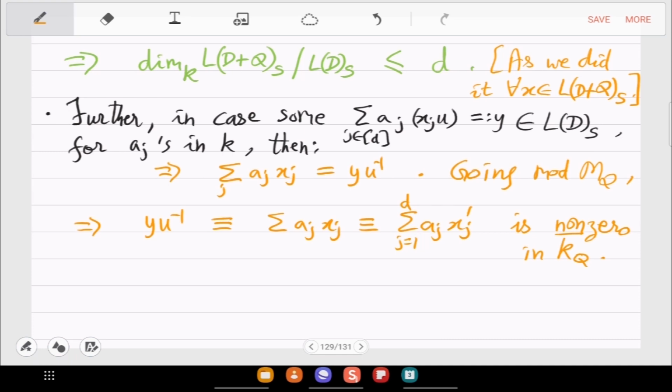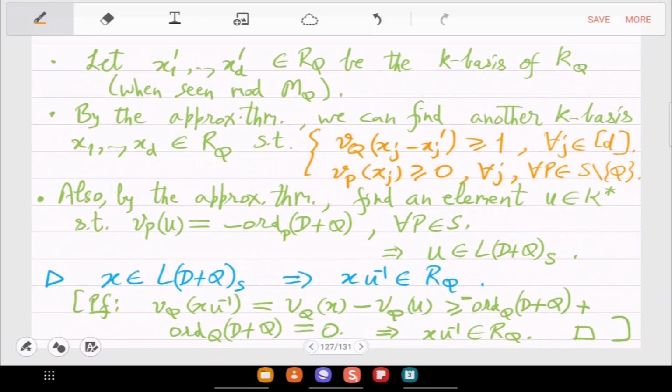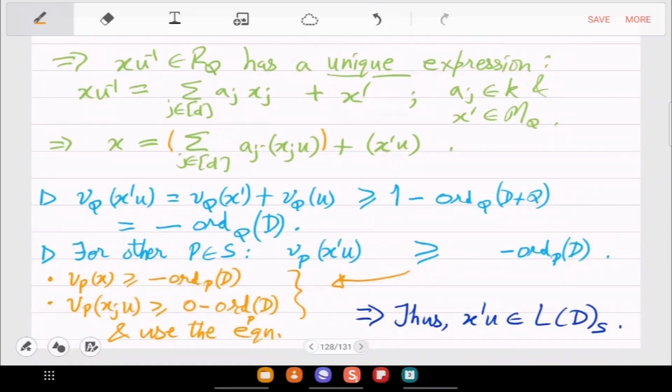So yu inverse is actually a non-zero element, and yeah, I'm not sure why this xi prime is needed for this. No, sorry. No, we started with some arbitrary xi prime. Then we made it better by using these x1s. Okay, sure. Yeah, this is fine.